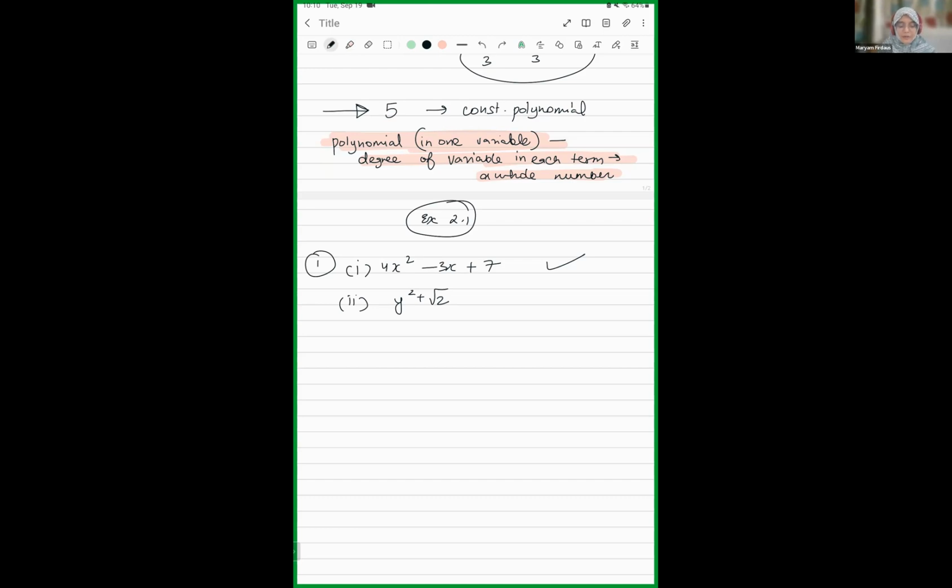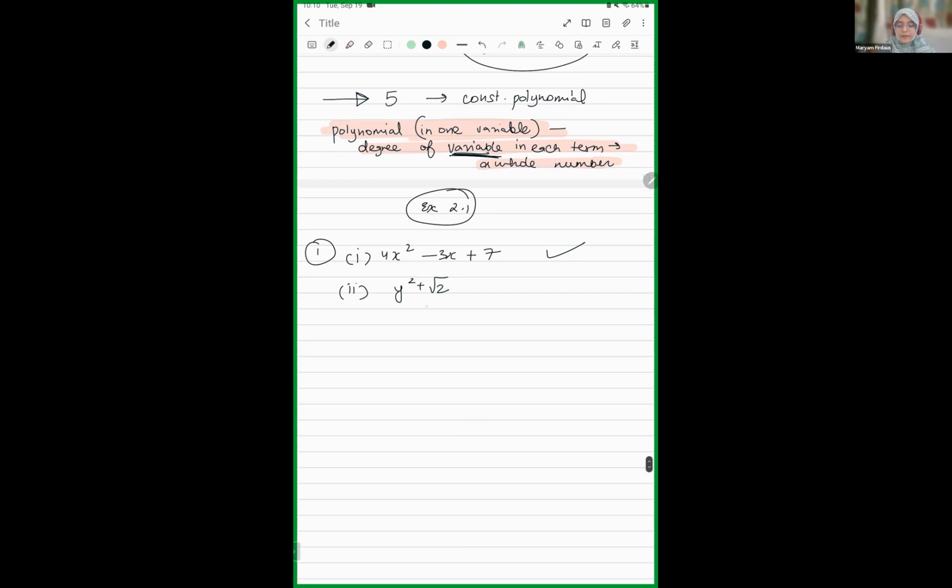It is a polynomial because we look at the degree, we look at the power only of the variable, not of the constant. The constant can be anything: 1.5, -3, -3/10 or -√3/10, anything. The power of the variable should be a whole number. So this is also a polynomial in one variable.